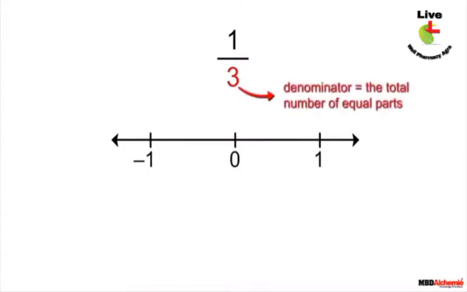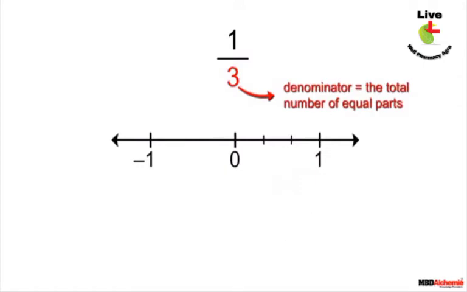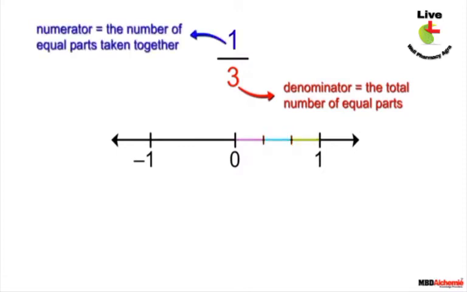In 1 upon 3, the denominator tells us the total number of equal parts. So, we divide the length between 0 and 1 into 3 equal parts. These two lines divide the length between 0 and 1 into 3 equal parts. The numerator tells us the number of equal parts taken together.